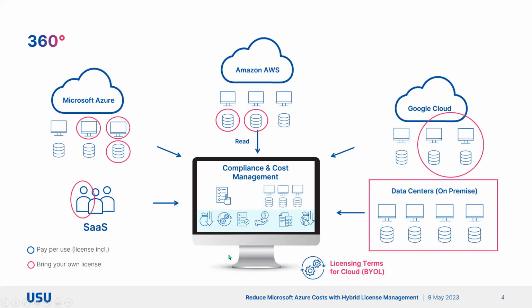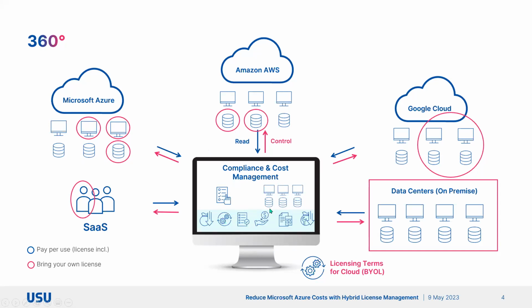The goal is to bring everything together on one screen, literally. And we need to do that from a software compliance perspective, and also, of course, from a cost management perspective, which becomes more and more important with the pay-per-use models. We don't have to talk about compliance, but only, in quotes, about costs. Yeah, regarding these licensing terms for cloud, oh, sorry, I forgot one thing.